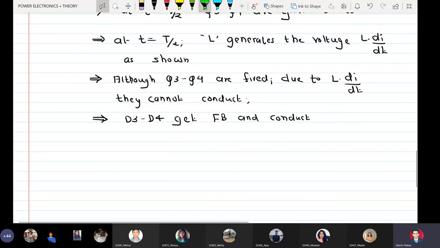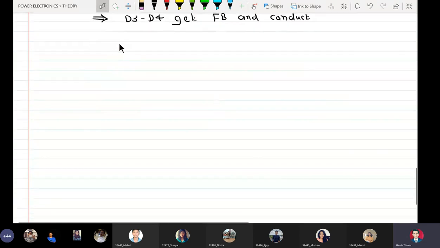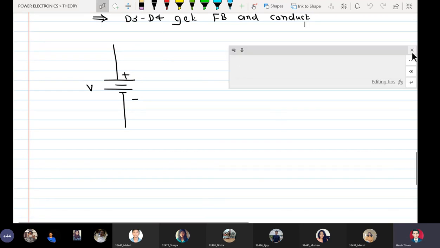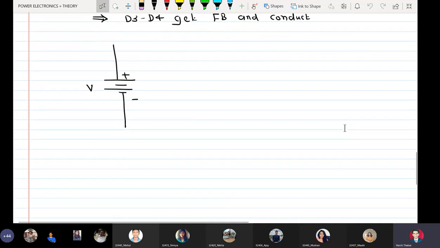Okay. So students, now the circuit becomes like this. See carefully how the circuit becomes. Plus minus V. Here Q1 is turned off, Q2 is turned off, and because of L di by dt, Q3 and Q4 cannot conduct. So what is the situation? The base drive is removed, so Q1 is off.